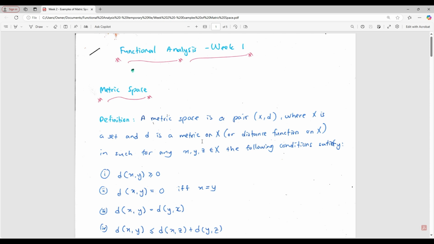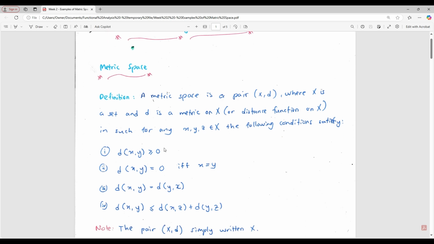Usually in the real numbers we define the metric as a distance function on X, but in general we call it a metric. Therefore this metric on X must satisfy these four properties, then we can call it a metric space.